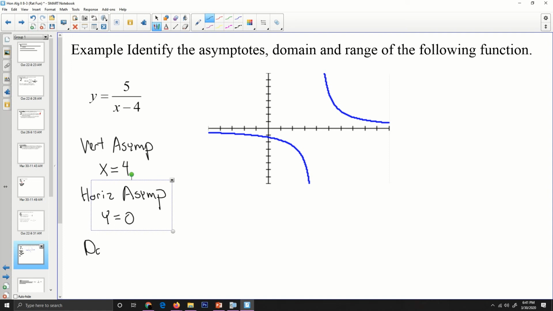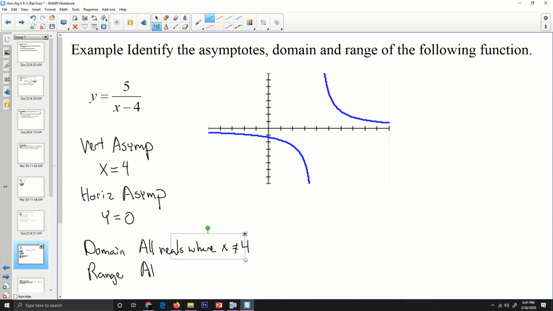My domain, and again, domain goes with the x's, is all reals where x is not equal to 4, and the range is going to be all reals where y is not equal to 0, because again, it can't equal 0 there.